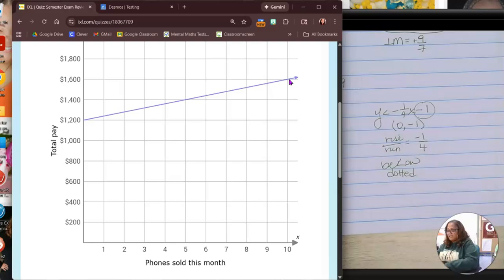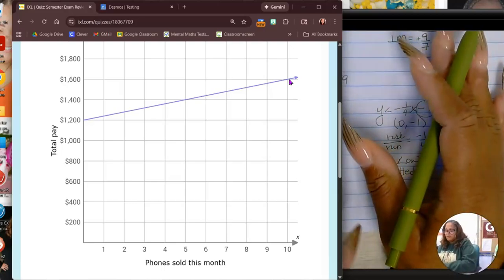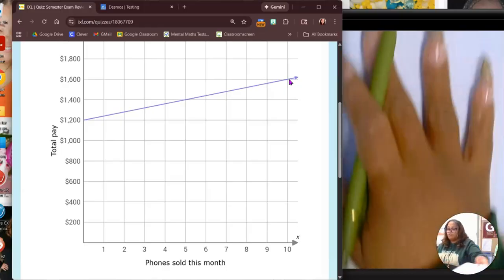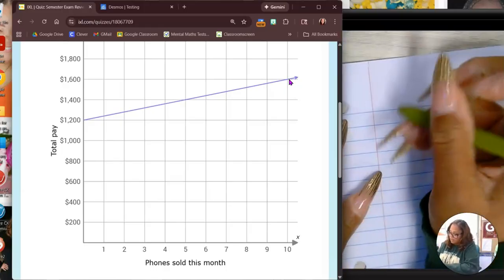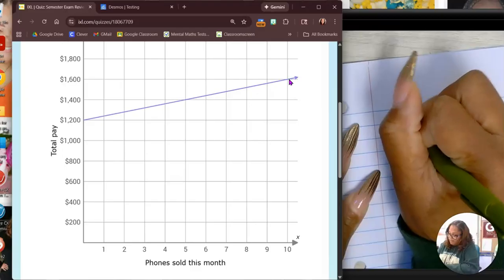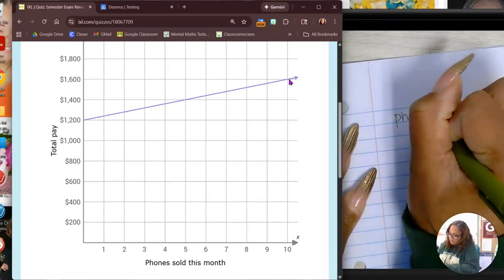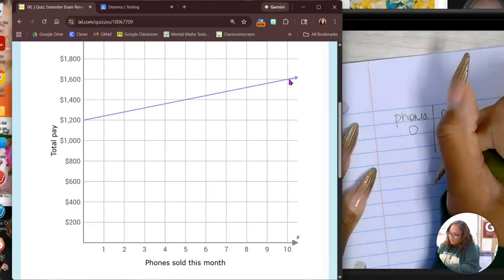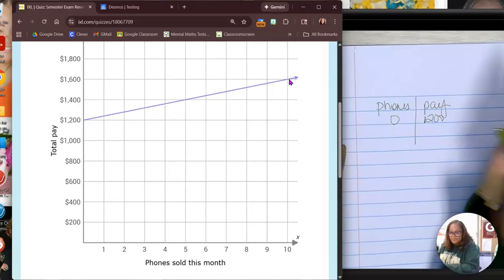So let's make that a table. Phones and pay. At 0 phones, she still gets paid $1,200 because she's still going to work.